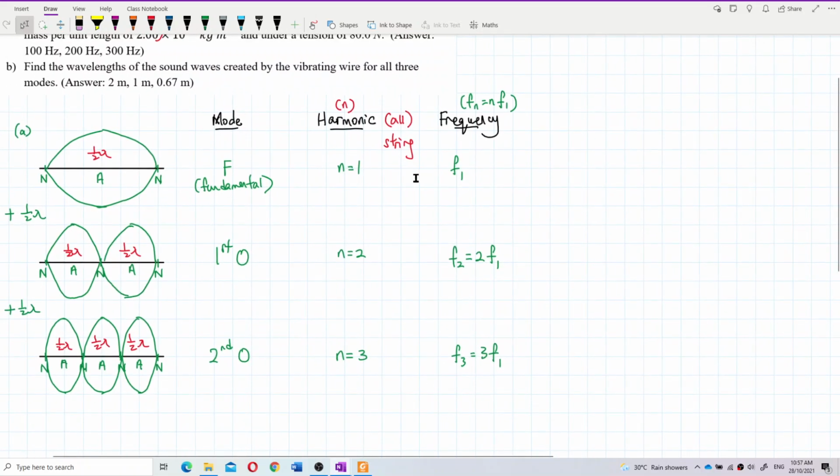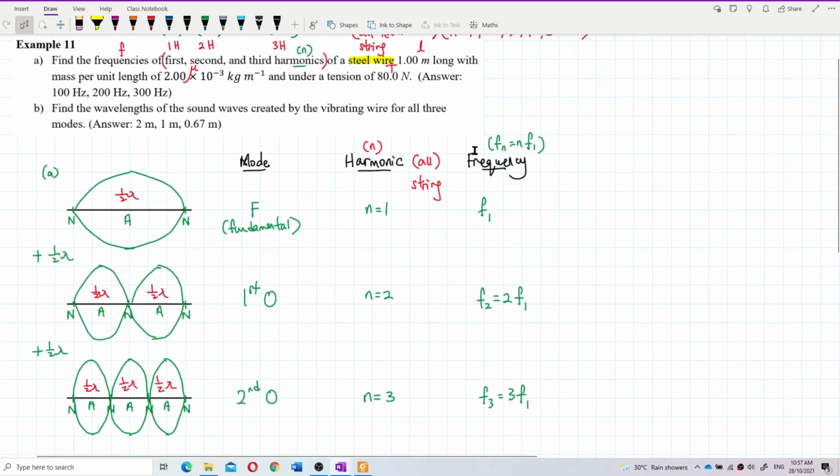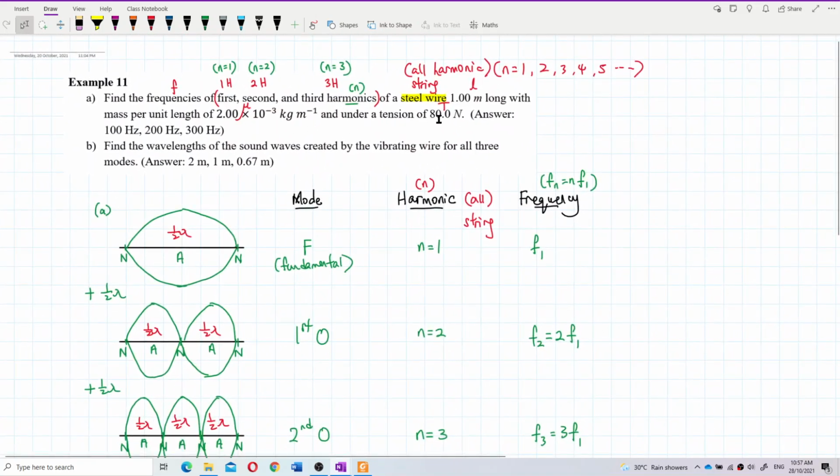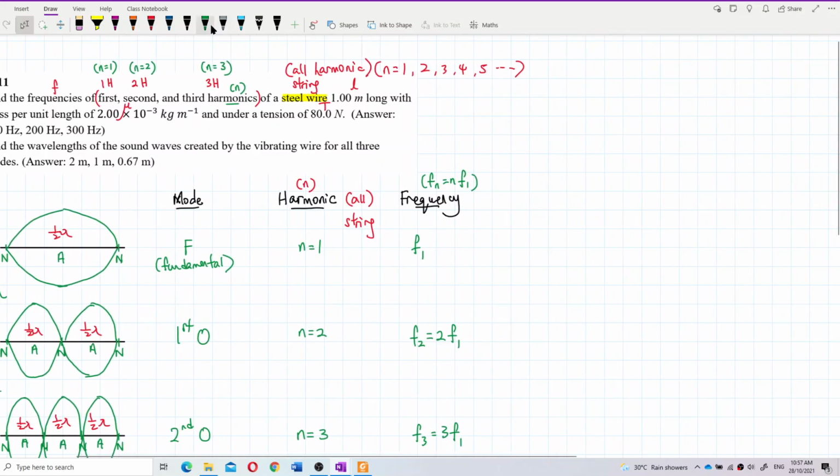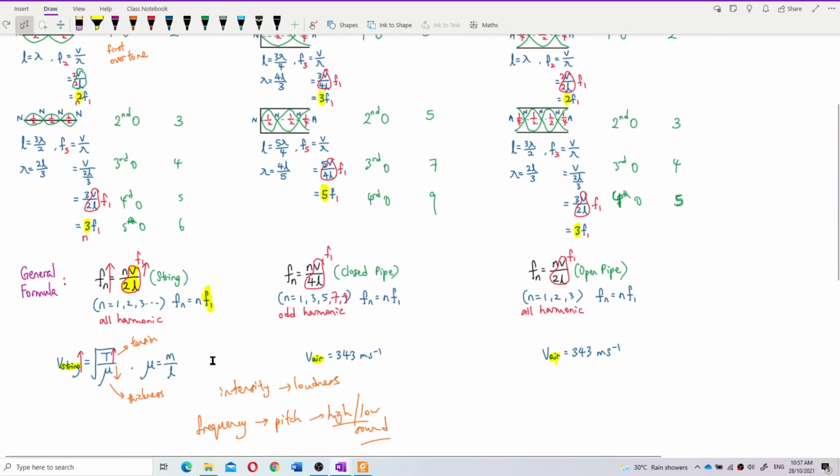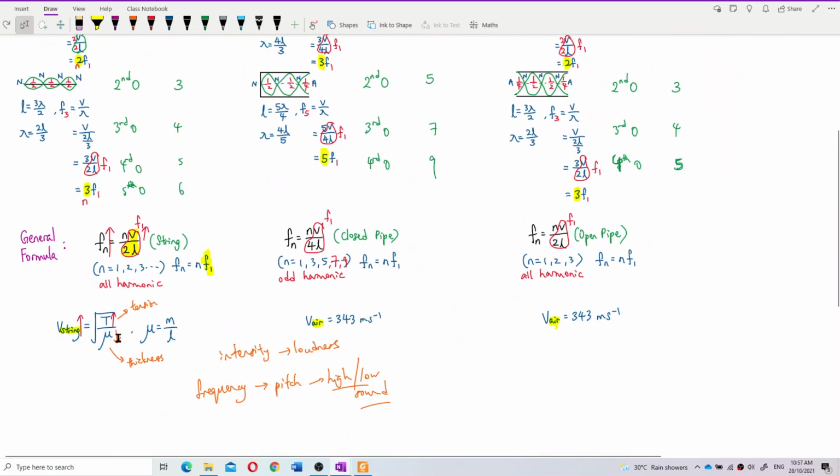Okay? Good. So now, after that, you need to know about this mass per unit length and the tension here. So what can these two values give us? We also remember the formula: tension over mu, square root, you get the speed of the wave in the string.